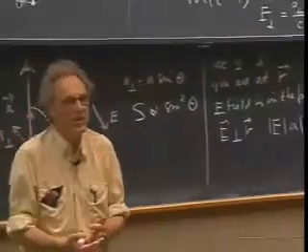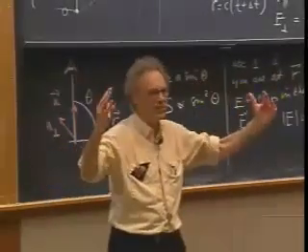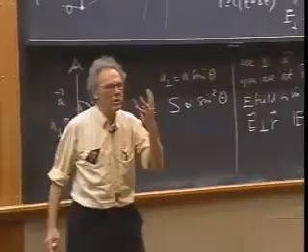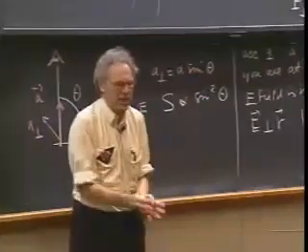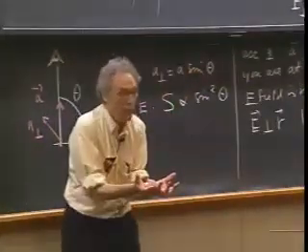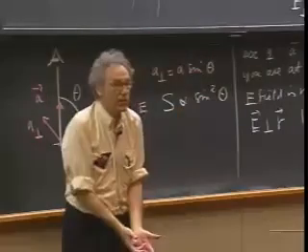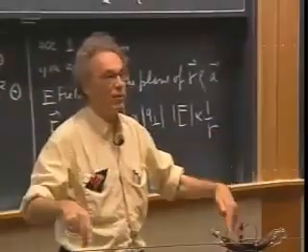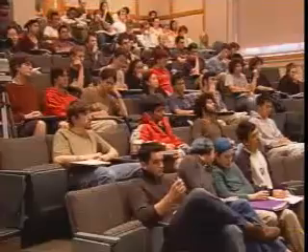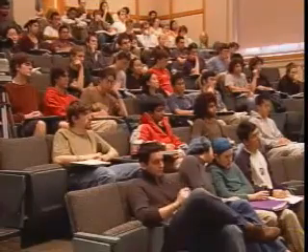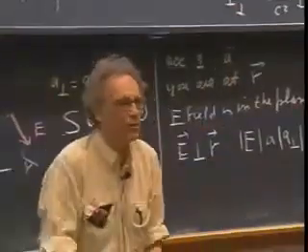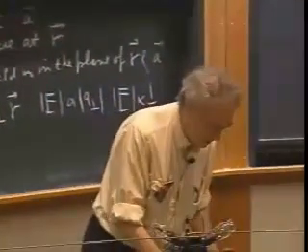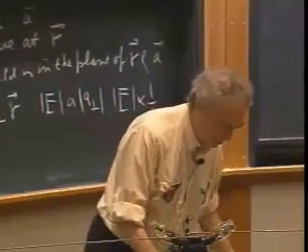But if you double the radius, the surface area of that sphere goes up by a factor of 4. So the only way that energy can be conserved, that the same energy flows through a small sphere as flows through a large sphere, is that the electric field goes down by a factor of 2, so that the Poynting vector goes down by a factor of 4. The surface area increases by a factor of 4, but the Poynting vector goes down by a factor of 4 because E goes down by a factor of 2.